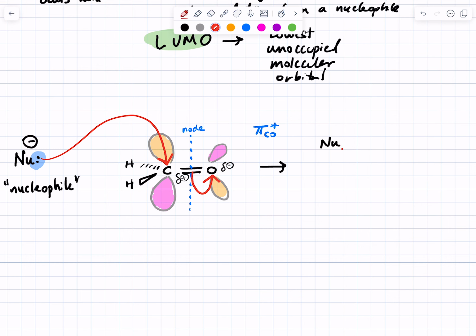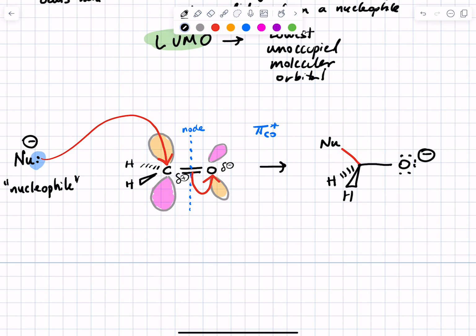Here is the new bond between the nucleophile and carbon. By the way, that carbon that used to be sp2 hybridized, what hybridization is it now? sp3, because now it's bonded to 4 things, right? And then the oxygen, which used to have 2 lone pairs, now has 3 with a negative formal charge.